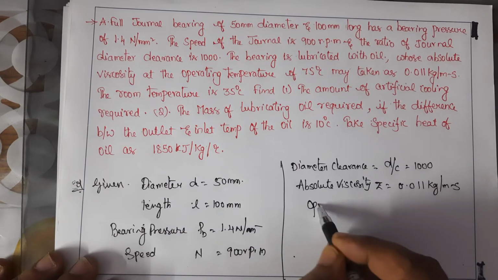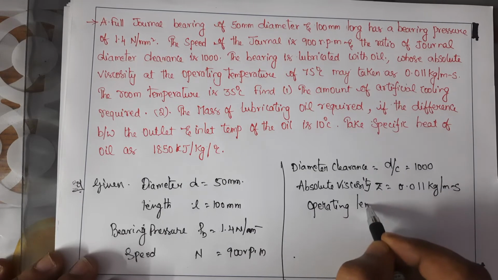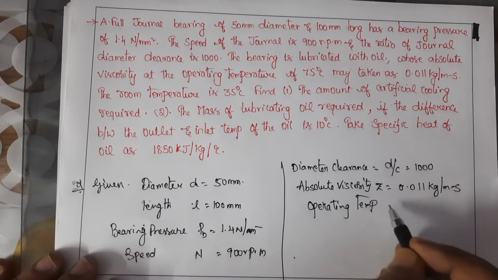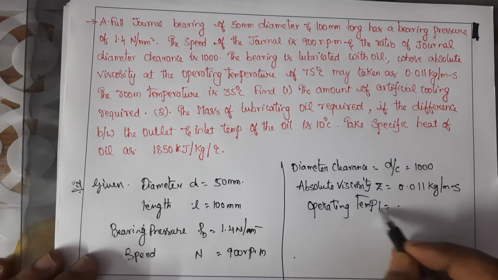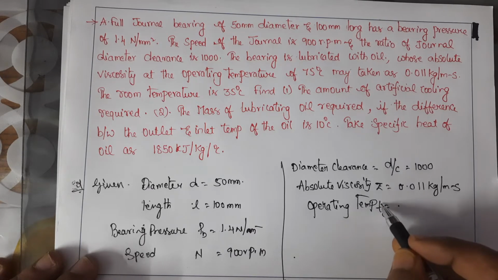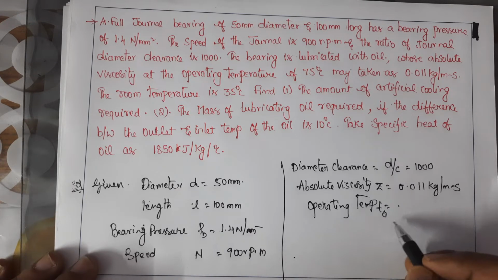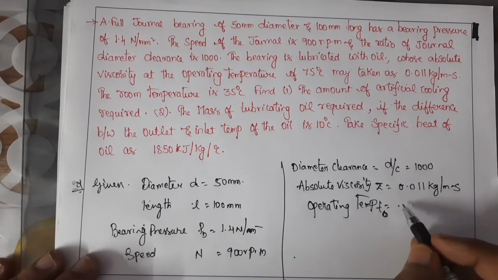Operating temperature, that is TO, he has given. He has given the operating temperature, not the bearing temperature. Just remember that he has given it as operating temperature TO, 75 degrees centigrade.